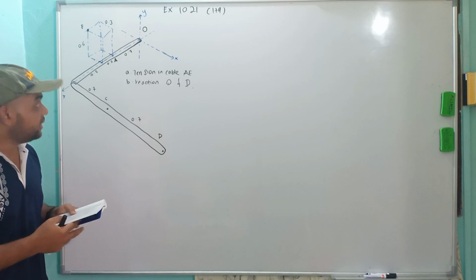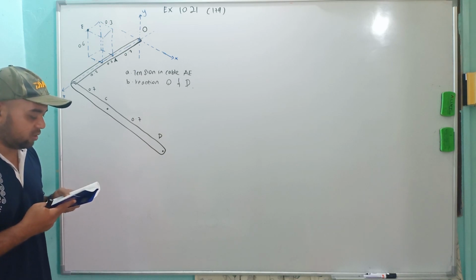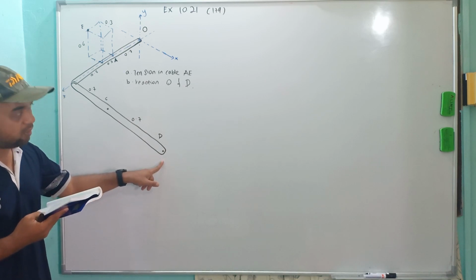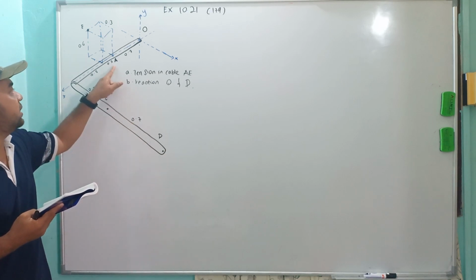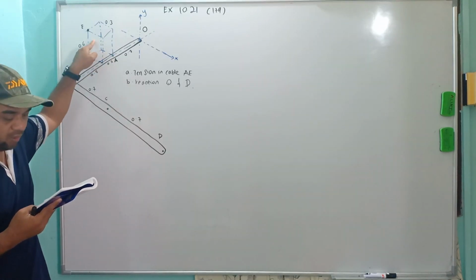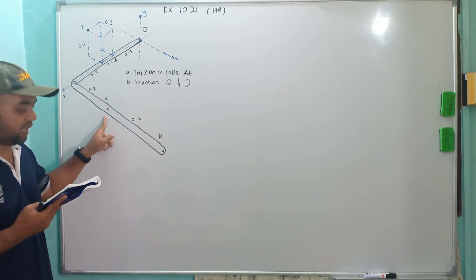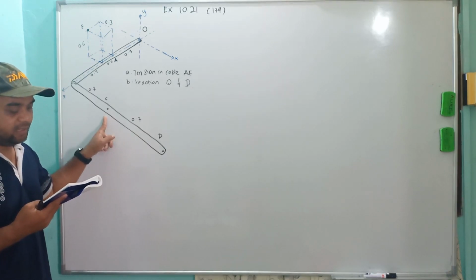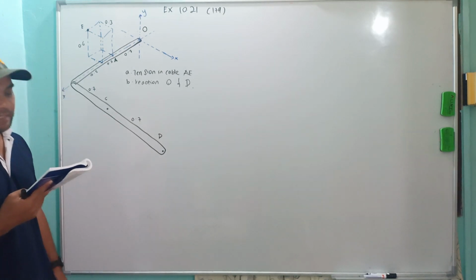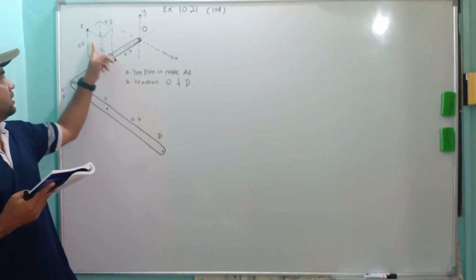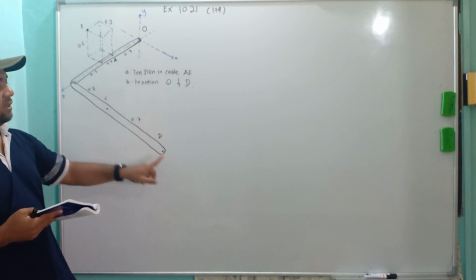Then there is a ball and socket joint at D, and a cable AE from A to E. A 75 kilogram mass is attached to point C. You are required to find the tension in cable AE, and also the reactions at O and D.